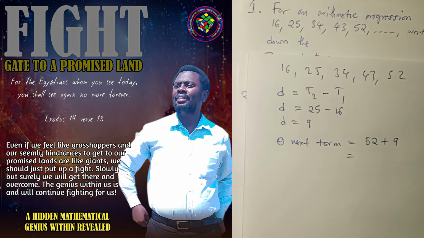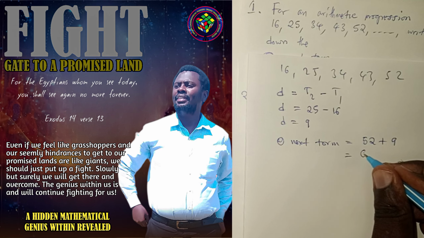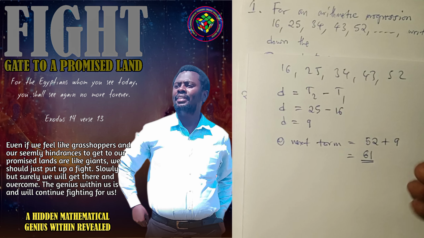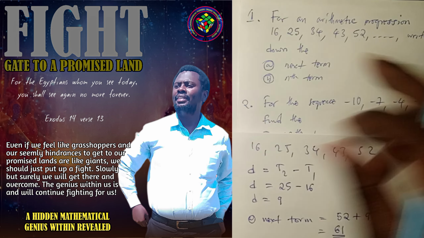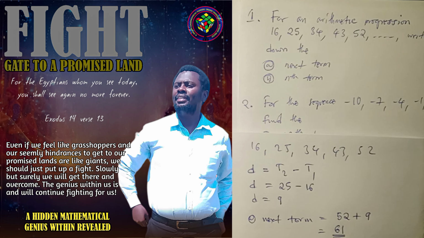You just get the last term, then plus the common difference. So what is 9 plus 52? Yes, we get 61. So the next term for the sequence is 61.